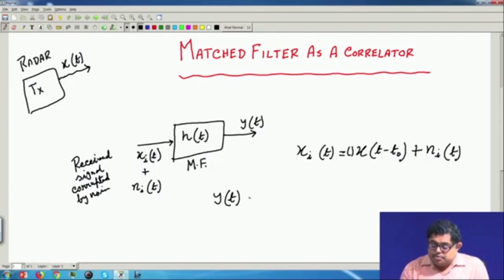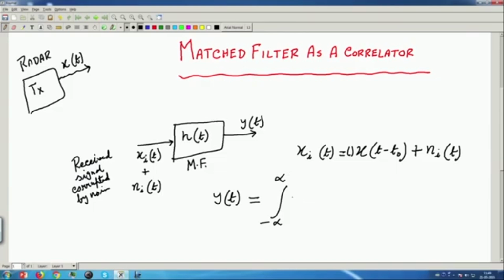Now, what will be the output of the matched filter y(t)? That we learnt is given by the integral from minus infinity to infinity of x_i(u) h(t minus u) du, where u is a running variable.